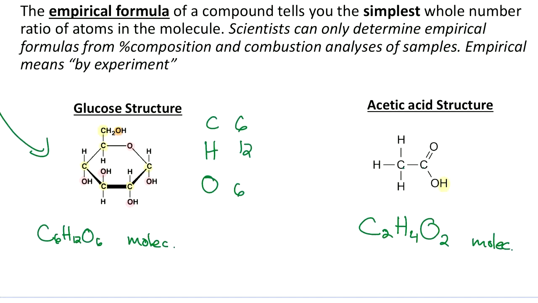They represent all of the atoms that are there. We can also represent substances in terms of their empirical formulas. An empirical formula is the simplest ratio of the atoms. If we look at glucose, C6H12O6, is there a common, what's the word where they all divide by 6?